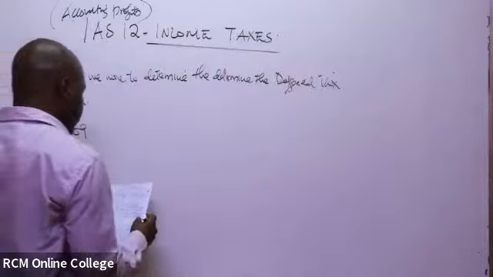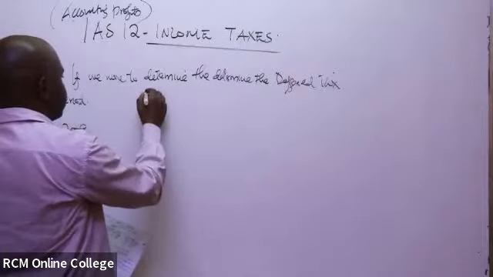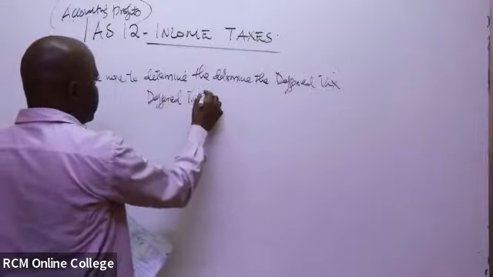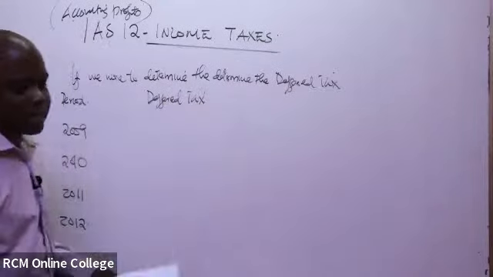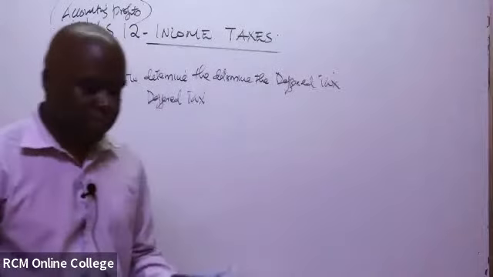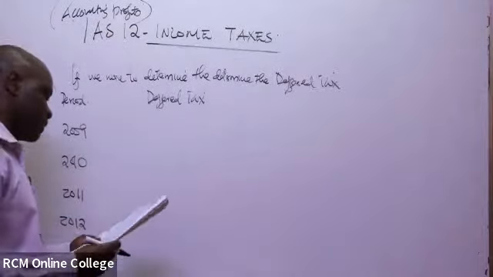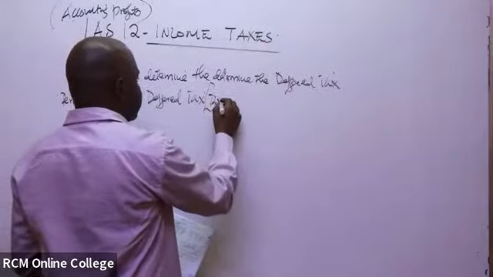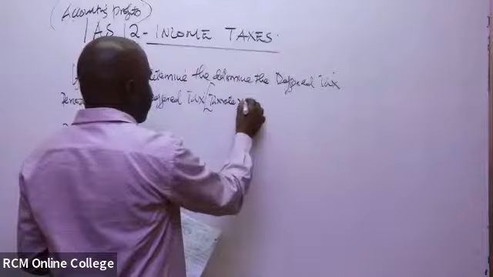So directly the deferred tax here, remember as I indicated earlier, you simply take the tax rate and multiply by the temporary difference. So this will basically be the tax rate multiplied by the TD.